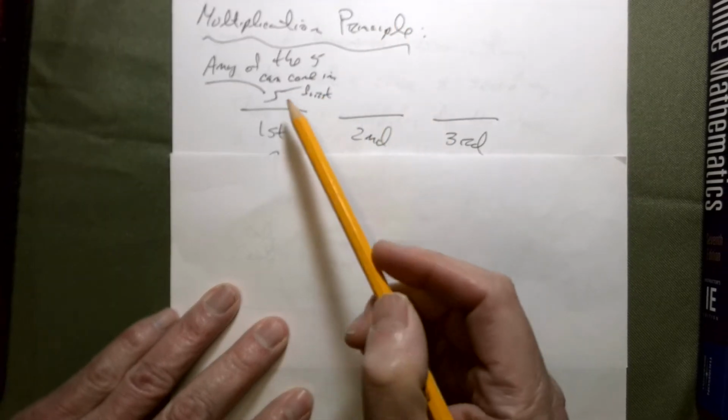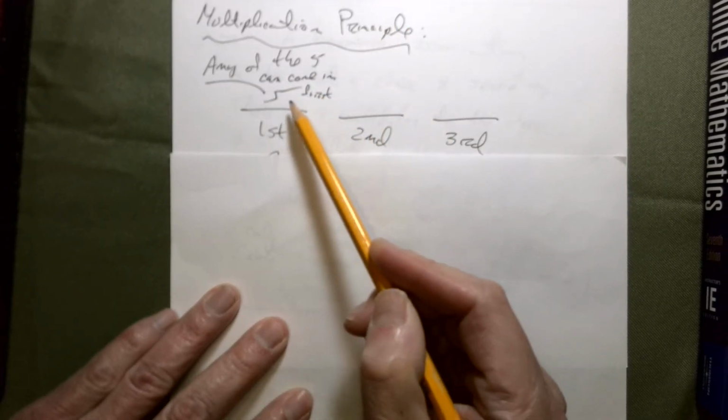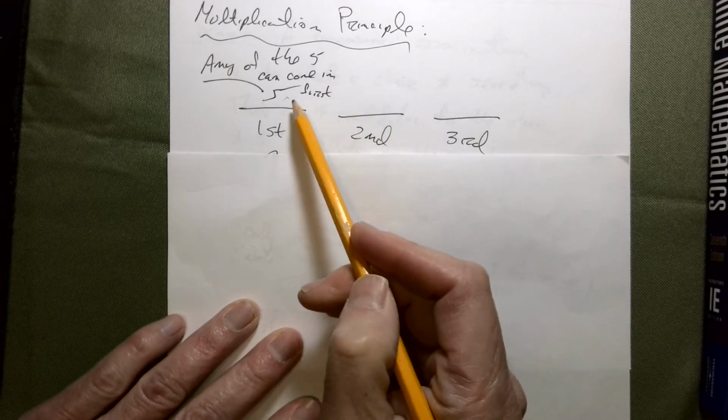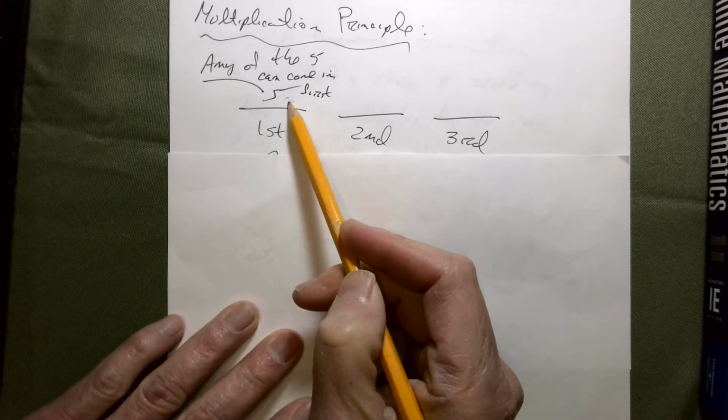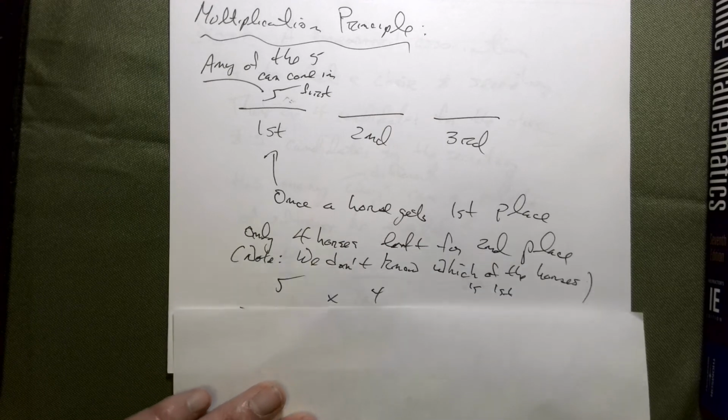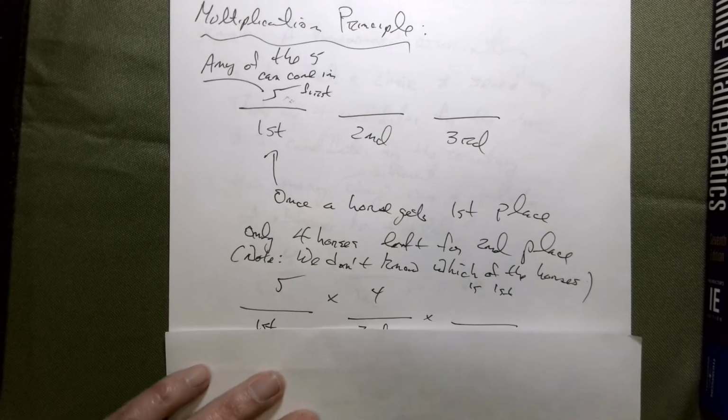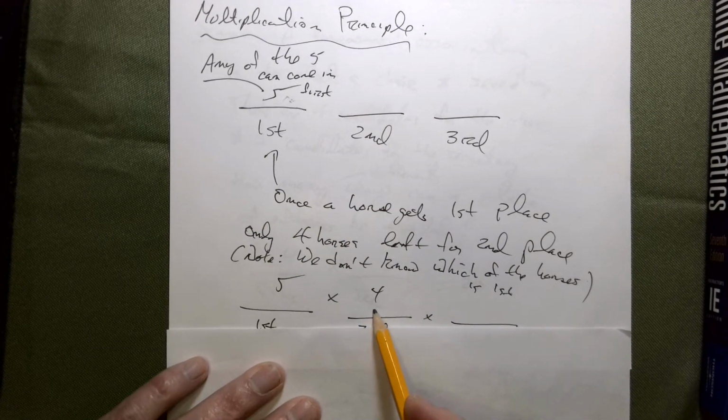When the race gets off, there's 5 horses. Any one of those 5 could come in first place. Now we have no idea which horses are better, which are not. So once I pick one of those horses, I'm not telling you which one it is, we now have 4 horses left.